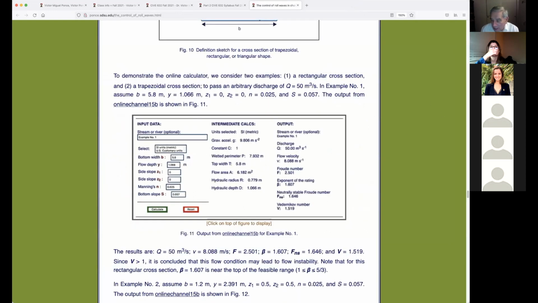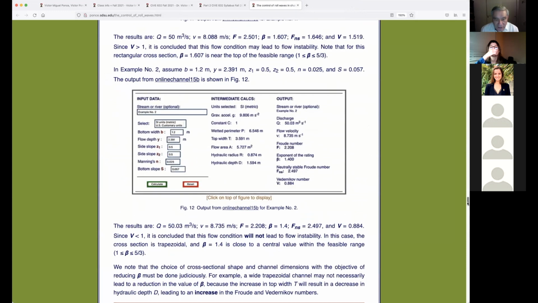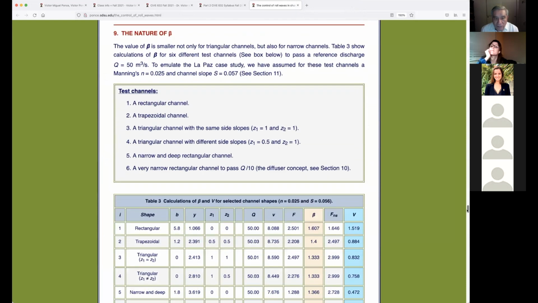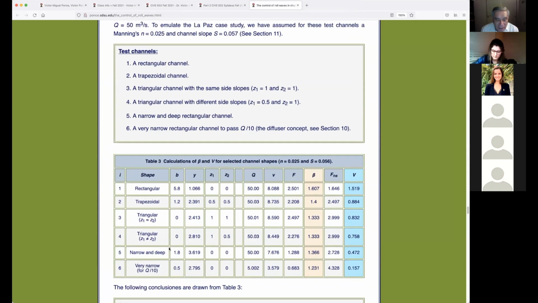We explain the results here. The nature of beta: its value is smaller not only for triangular channels, but also for narrow channels. I'm going to go a little faster here. We have test channels: rectangular, triangular, narrow, and deep. We believe narrow and deep is the solution, by the way.